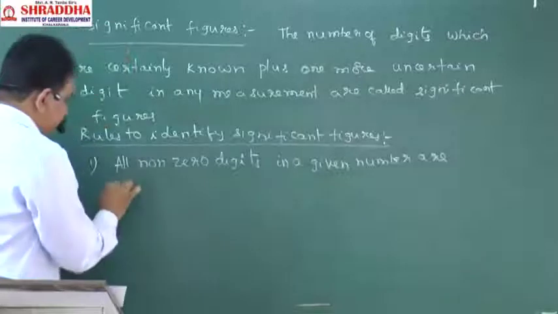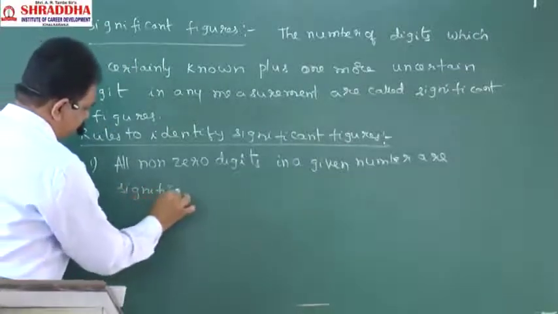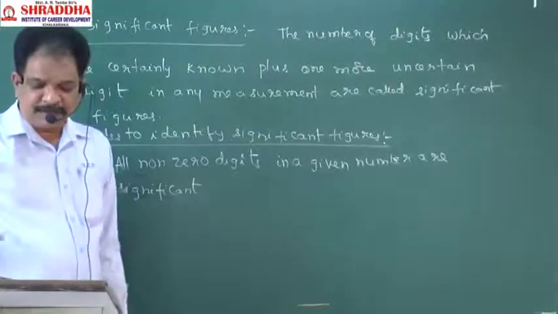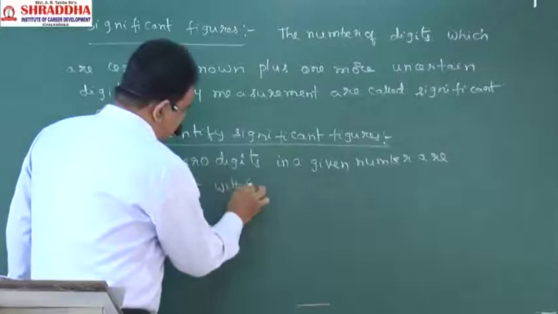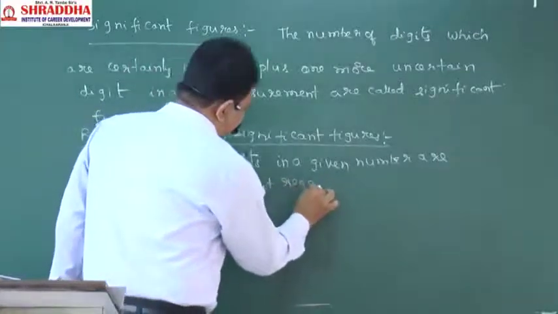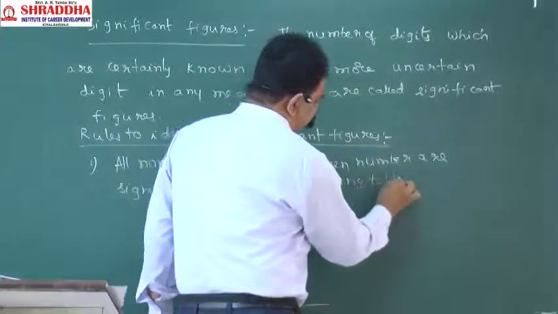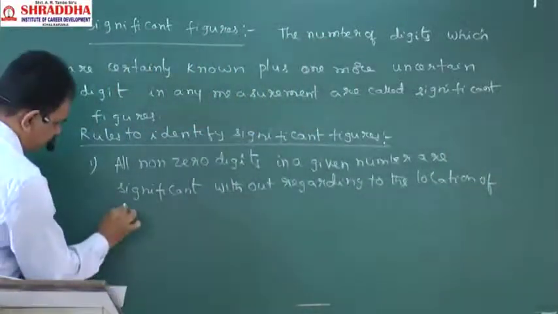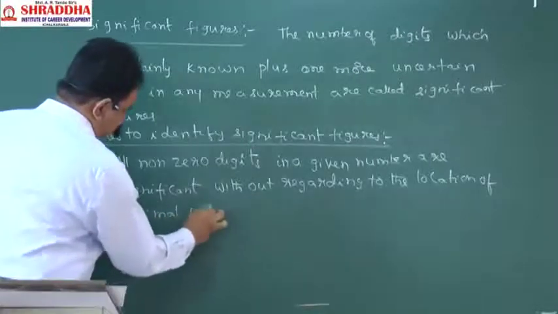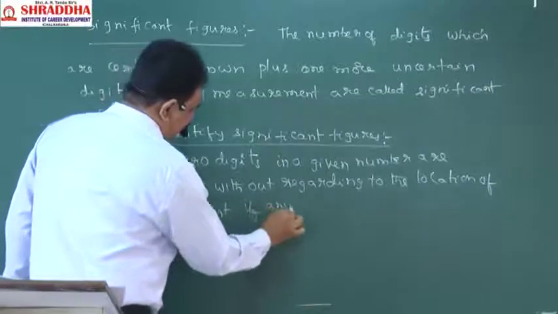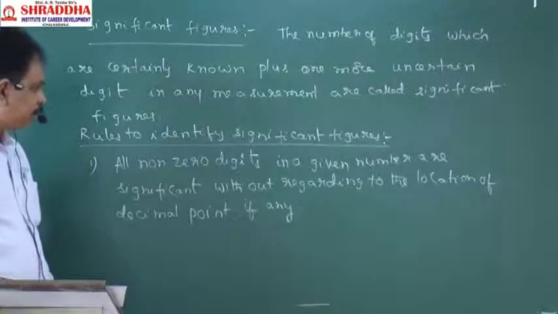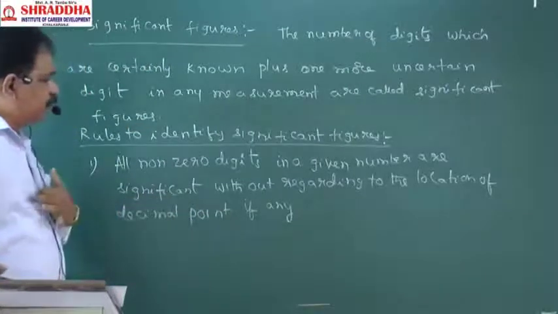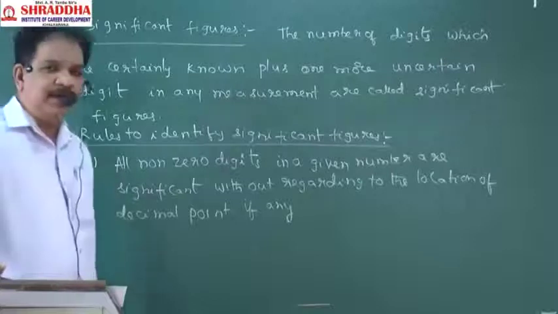All non-zero digits in a given number are significant without regard to the location of the decimal point, if any.